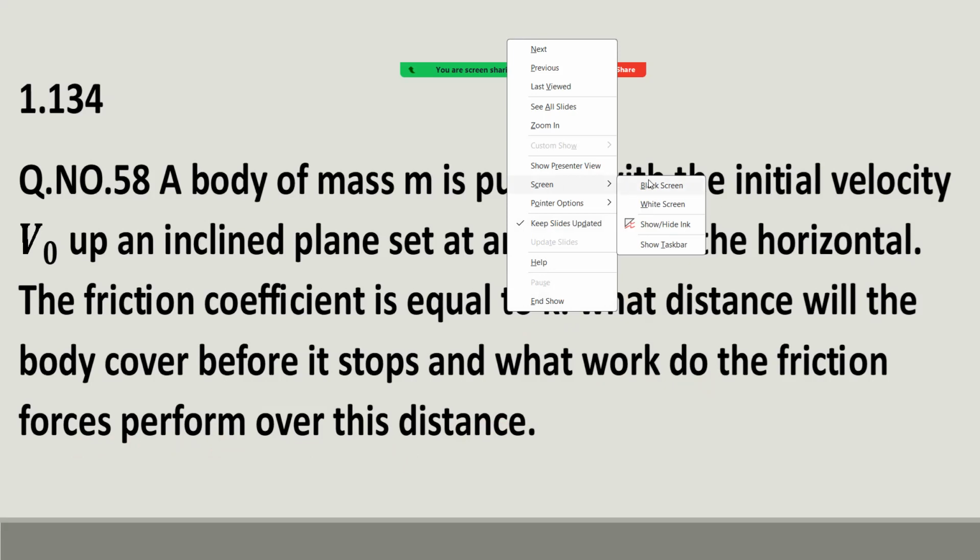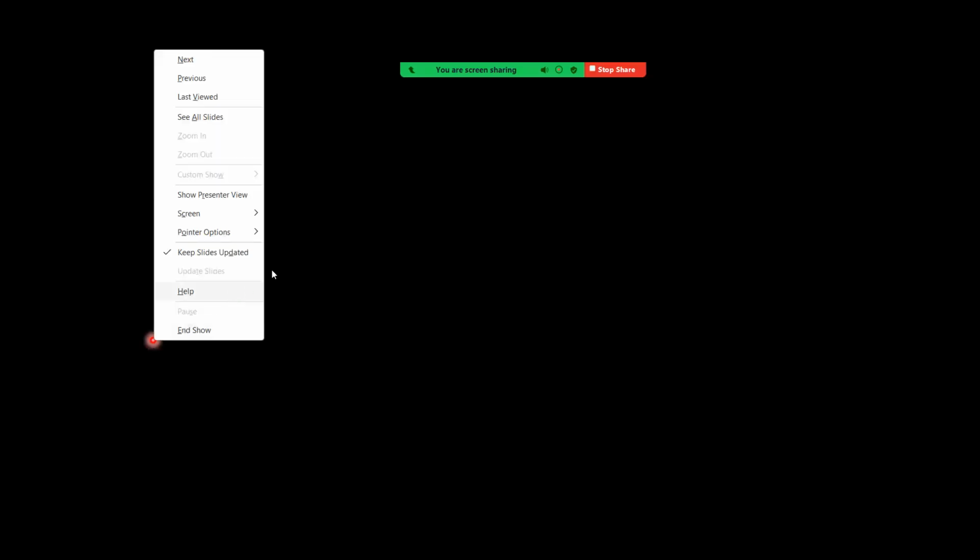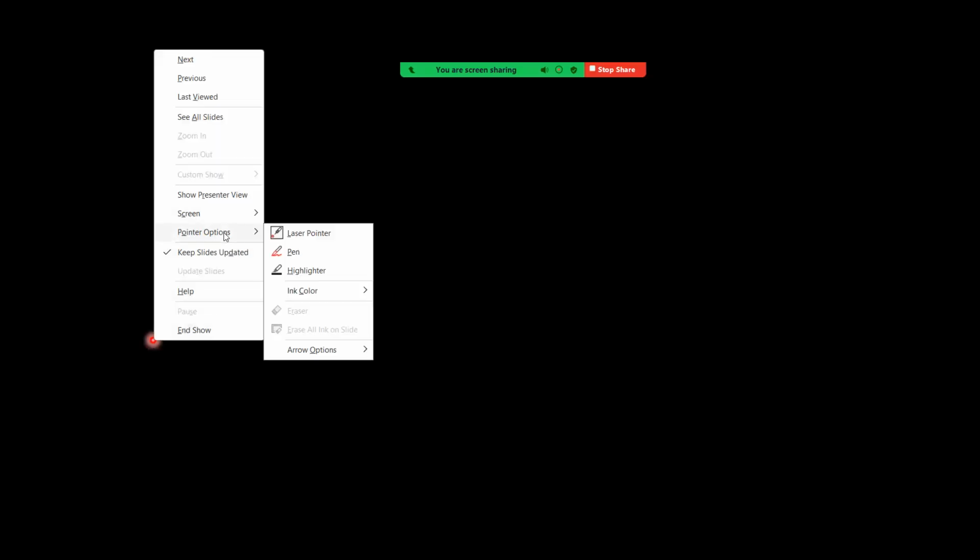First, make a diagram. Inclined plane that makes angle alpha.